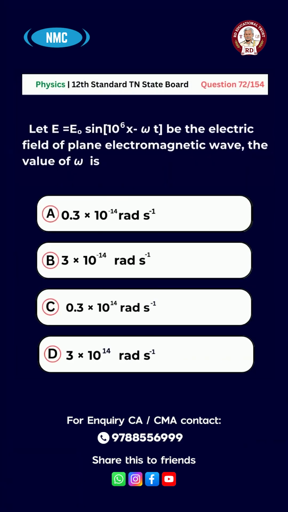Question number 72. Let E equal to E naught sin(10^6 x minus omega t) be the electric field of a plane electromagnetic wave.